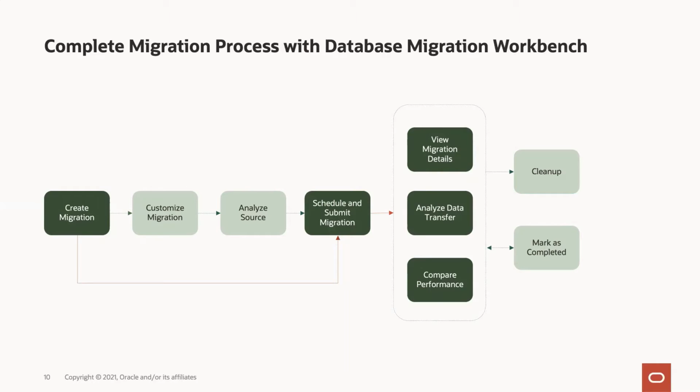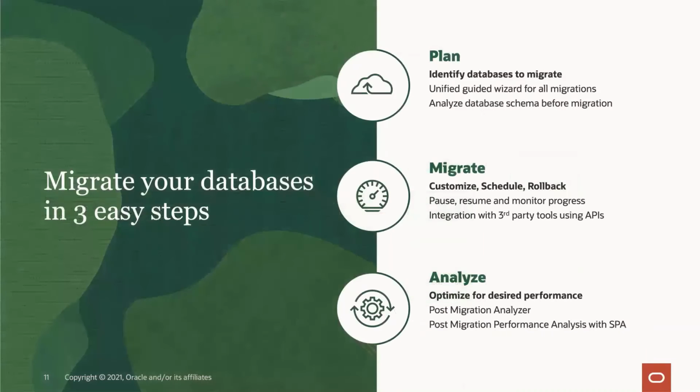You can compare the performance pre-migration and post-migration. And the light green boxes indicate optional customization that you can do for migrating a database. For example, you can add pre or post scripts as part of the customization for migrating. You can look at this entire migration workflow in three simple intuitive steps: plan, migrate, analyze post-migration.